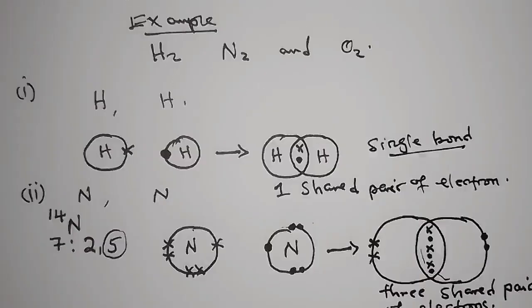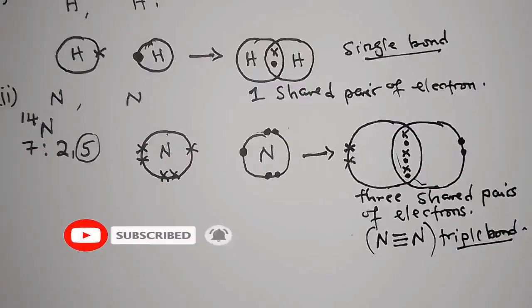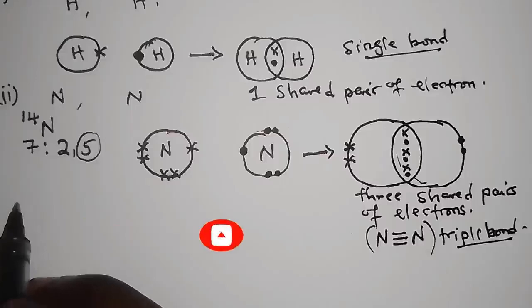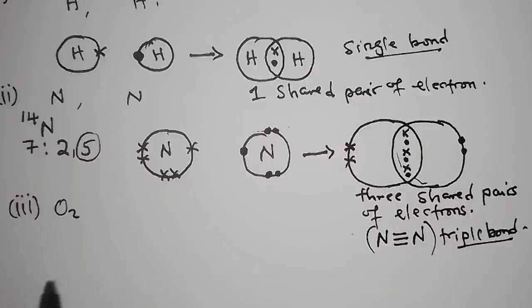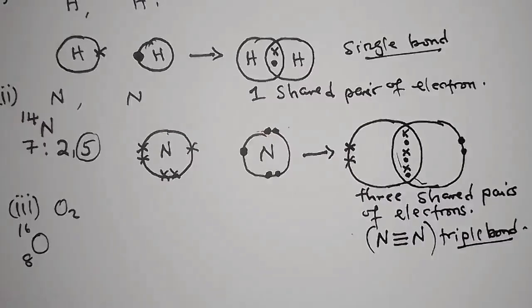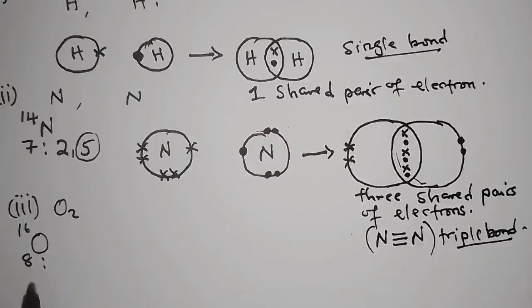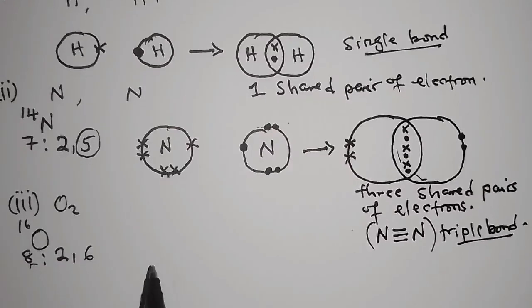So let us now see what's going to happen in the oxygen. We understand that oxygen has atomic number 8 on the periodic table, and if we configure it, it is going to be 2, 6. So 2 plus 6 you get 8. Now we have 2 oxygen atoms.